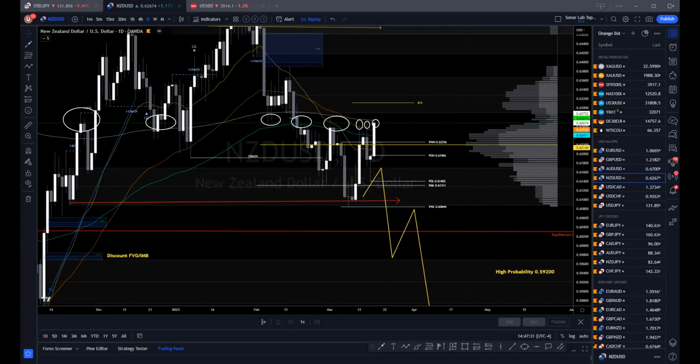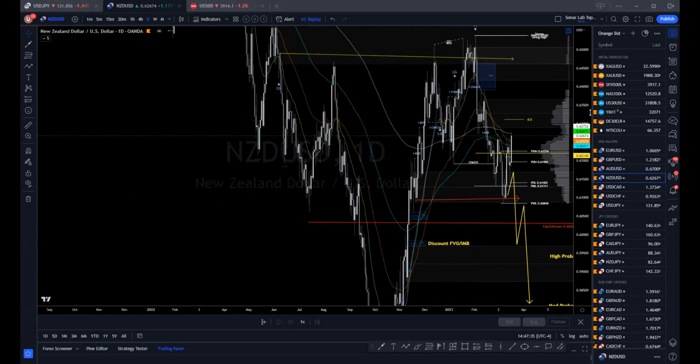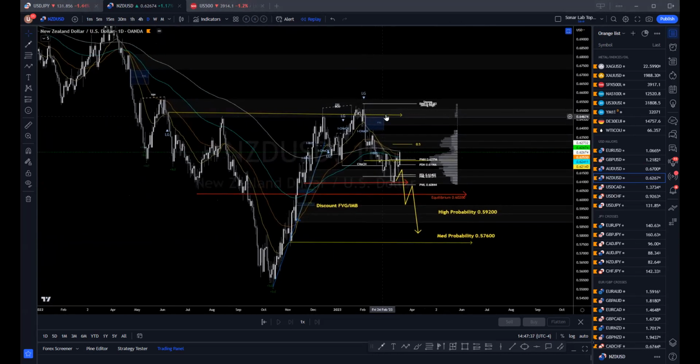So when you look at this whole fractal right here, this was the high of NZD dollar that was in February. We were here in December 22nd. We were near here August 22nd, and we have not been higher than that since June 2022, sorry, June 2022 last year, August 22 last year.